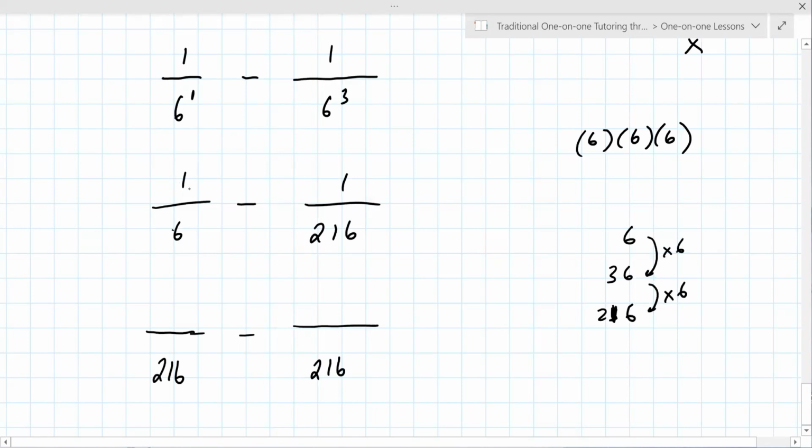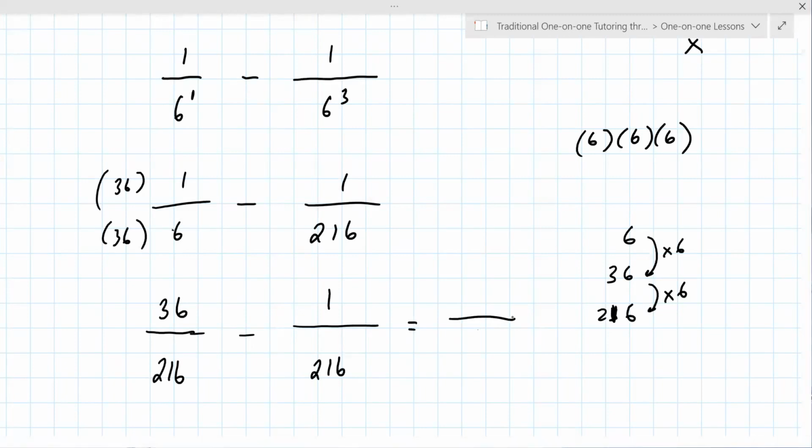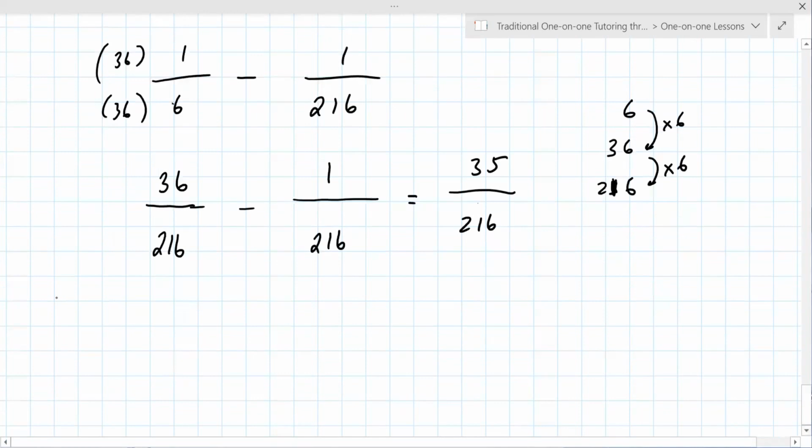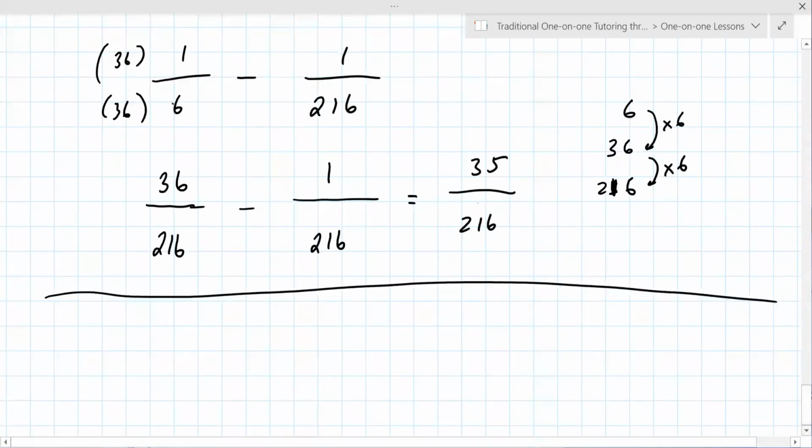So you're multiplying this number, this 1 here, by 36. Do you see that? So what does this become? Becomes 35 over 216. Good, good.